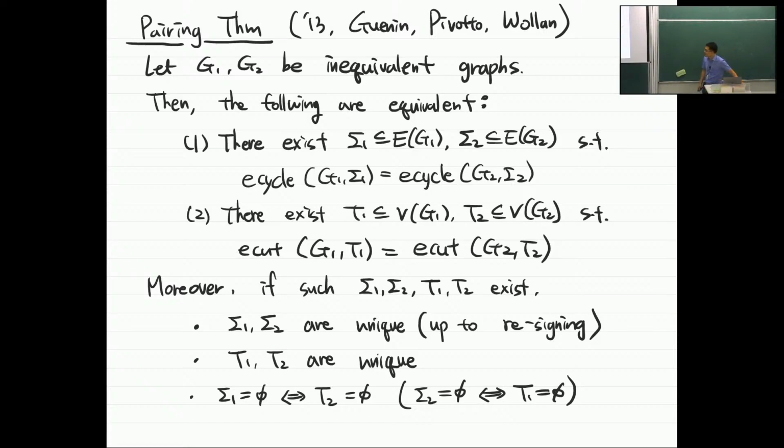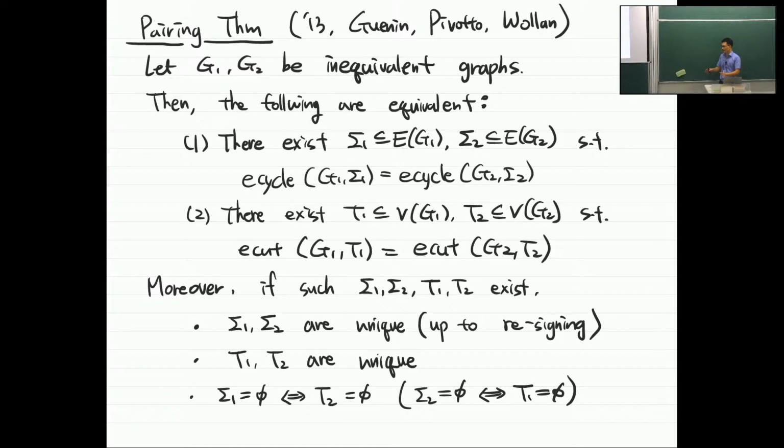Yes? One and two are equivalent. That is also true, but the uniqueness is not true. Actually, if sigma 1 is given, then sigma 2 is also given up to resigning.